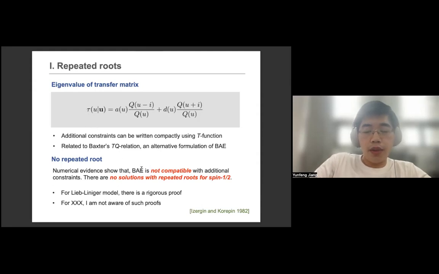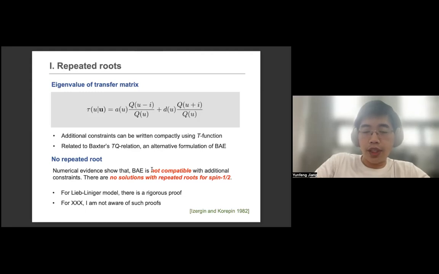And we find that in the spin 1/2 case, the Bethe-ansatz equation is not compatible with the additional constraints. Namely, we cannot find repeated roots for the spin 1/2 case. I want to emphasize that this fact is rather a numerical observation.